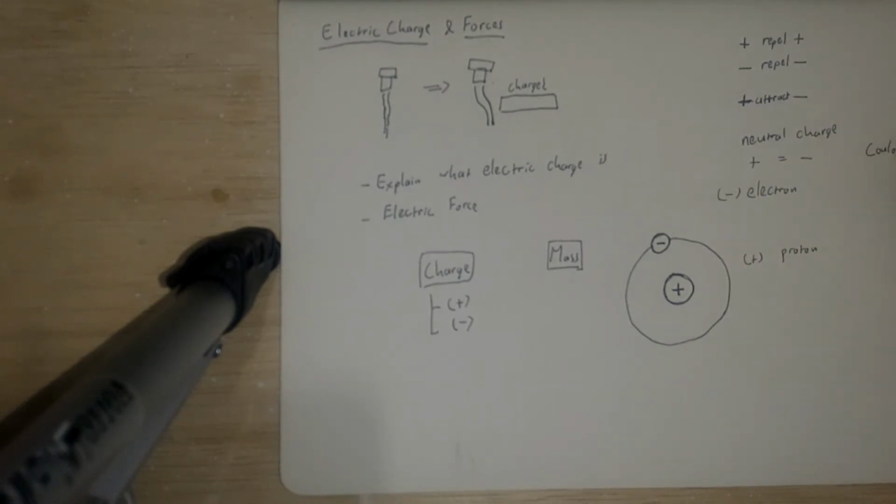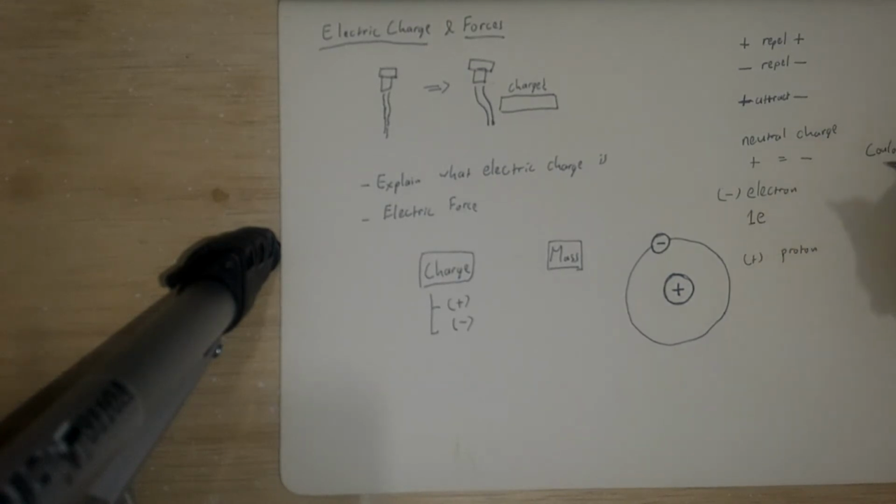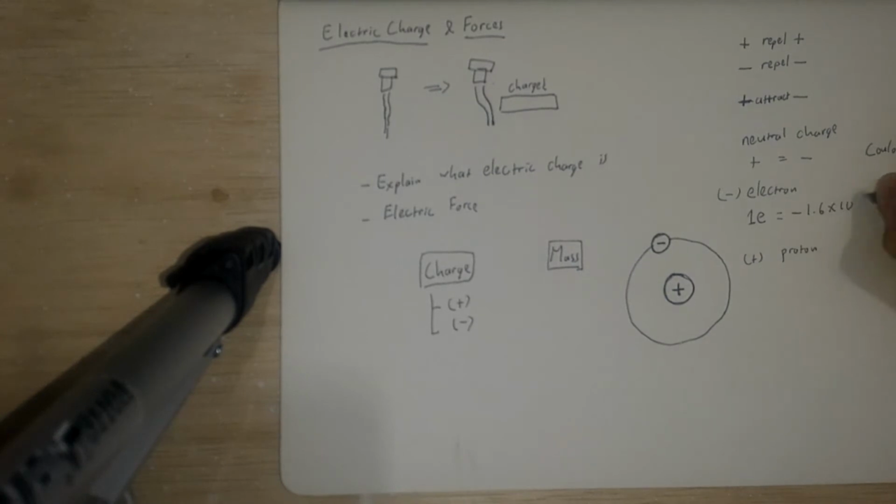Coulomb. So one electron, I will say like 1e, has charge negative 1.6 times 10 to the negative 19 coulomb. Or usually we can write it as negative 1e.